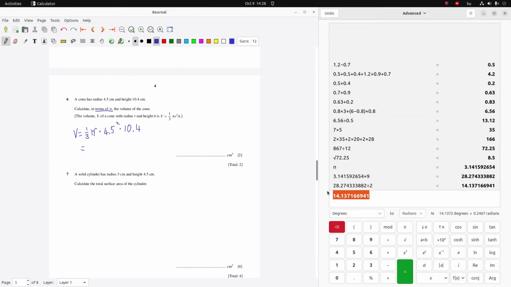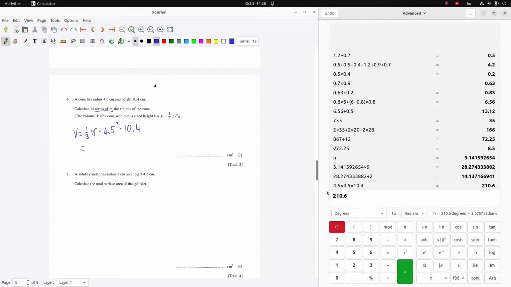So we end up doing 4.5 multiplied by 4.5, multiplied by 10.4, and then multiplied by 1/3, which is the same as dividing by 3.